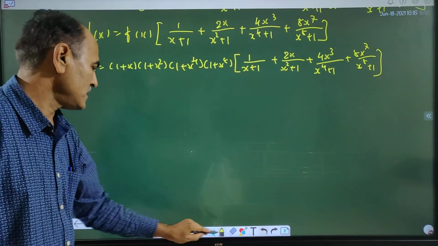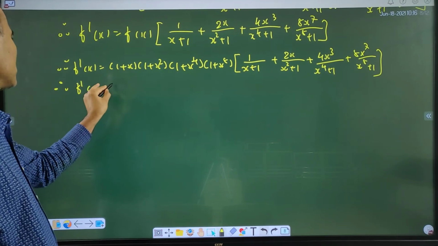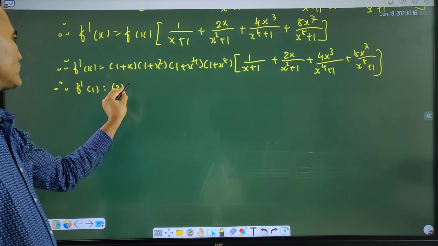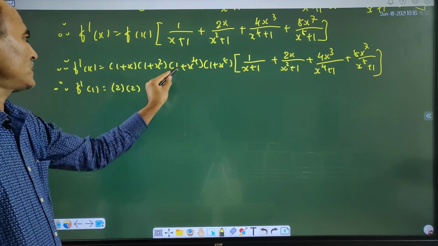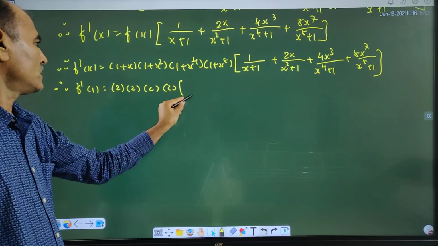So just replace the value, and therefore what is f dash 1? 1 plus 1 is 2, 1 plus 1 is 2, 1 plus 1 is 2, 1 plus 1 is 2.